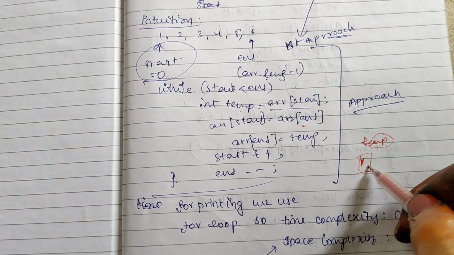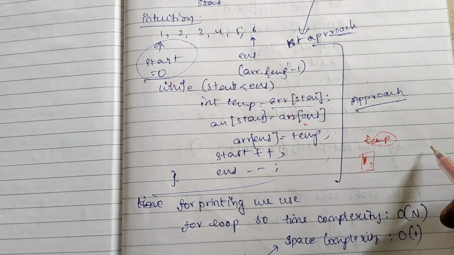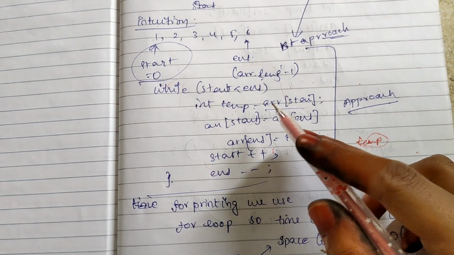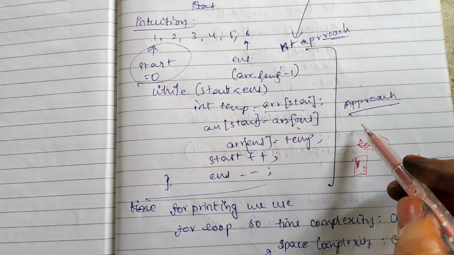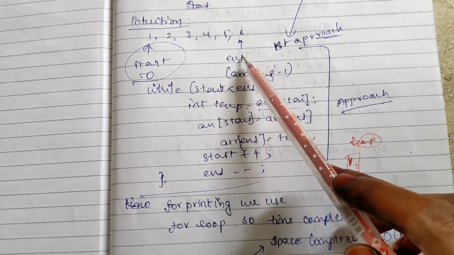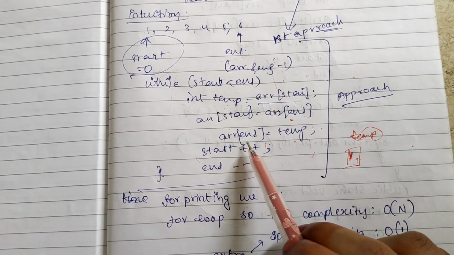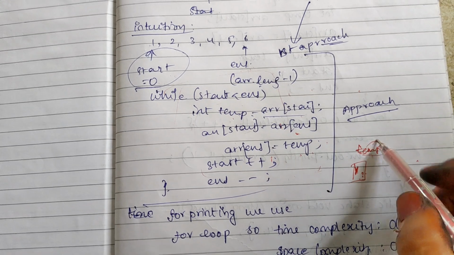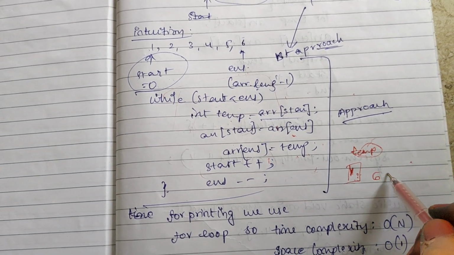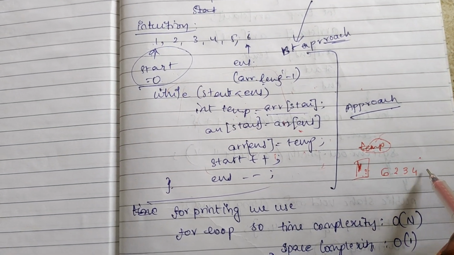After that, the array element at the start position is swapped with the array element at the end position, which is 6. So my start position gets swapped with the end position, and I get 6 at the first position, and the remaining elements stay like this.